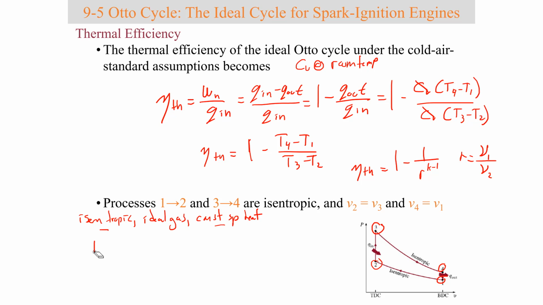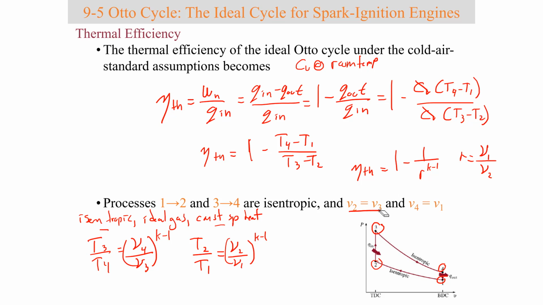That means we can quantify T3 over T4 as equal to nu 4 over nu 3 to the k minus 1, and also T2 over T1 as nu 1 over nu 2 to the k minus 1.